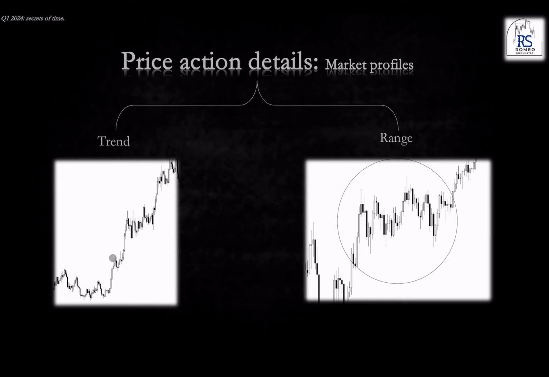No. What happens is they go in consolidations and then trend, consolidation, trend, consolidation, trend, and every consolidation leads to an expansion. All of them, right? You will never find a market consolidating forever.